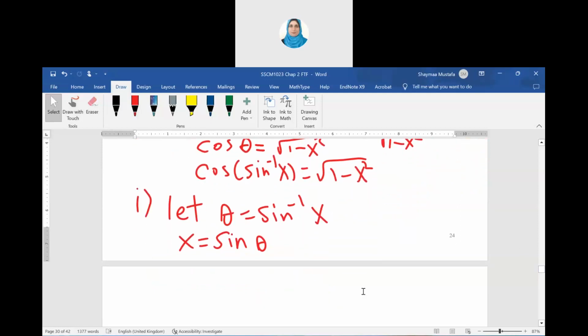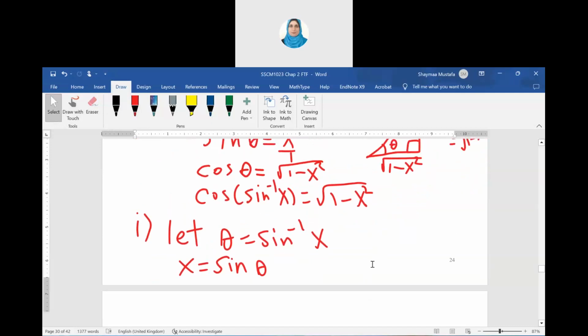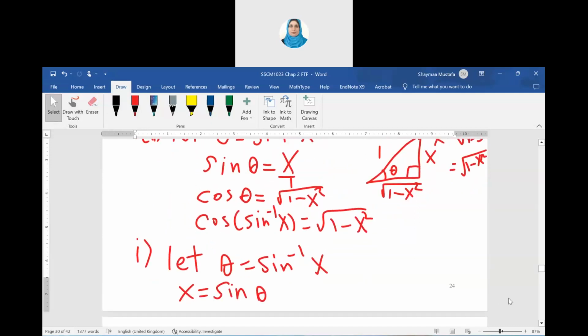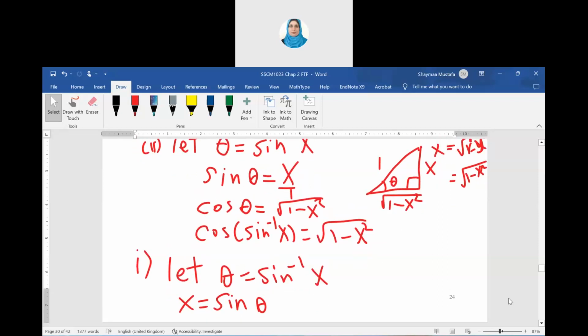Also, if I draw a triangle here, this is theta, this side is x, and this angle is pi over 2.